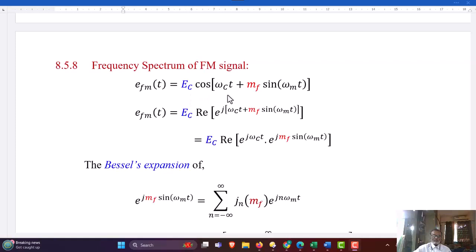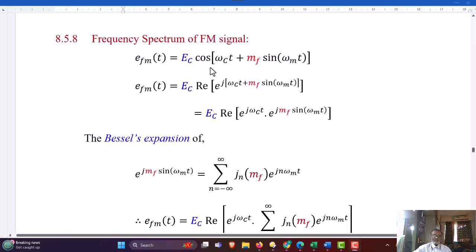cos of omega CT plus MF sin of omega MT. As we know, the cosine component, cos of this bracketed term, is nothing but the real part of the expansion of e raised to j theta. We know e raised to j theta is equal to cos of theta plus j sin theta.